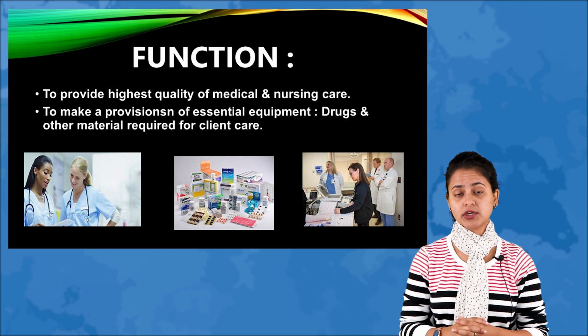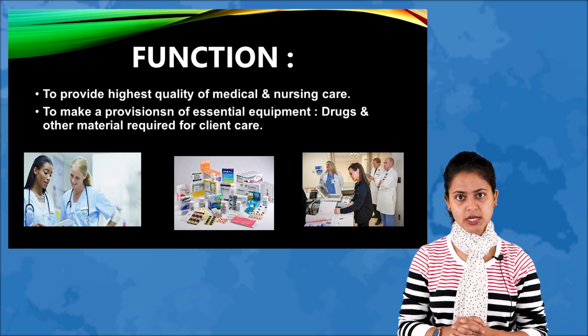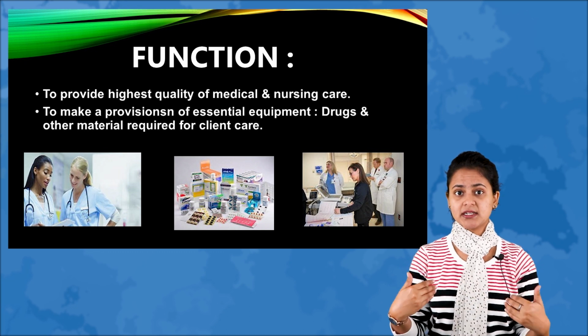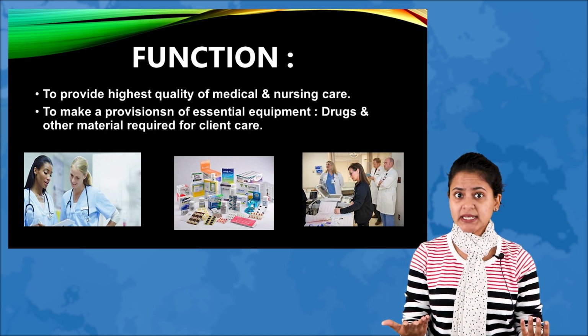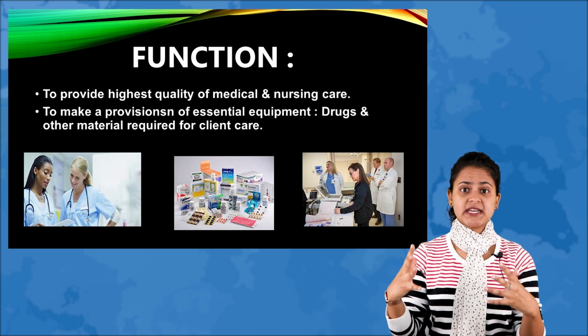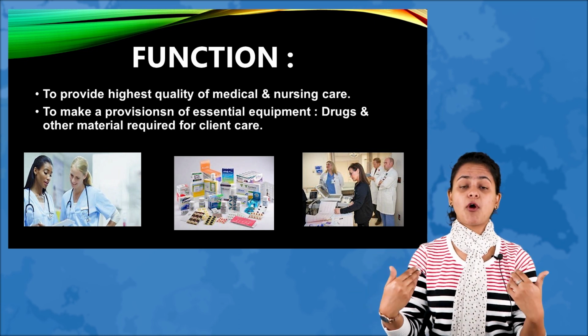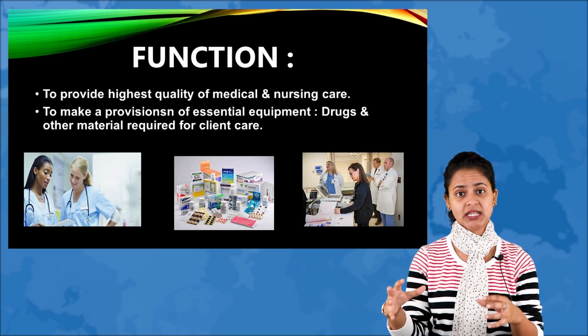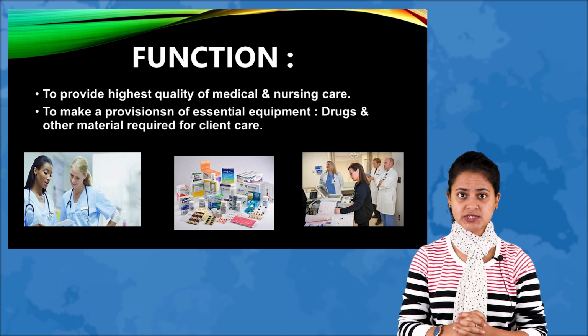That is how the inpatient department is facilitated with medical equipment, many kinds of drugs, even certain medical staff who perform various medical procedures to manage the client suffering from certain disease.